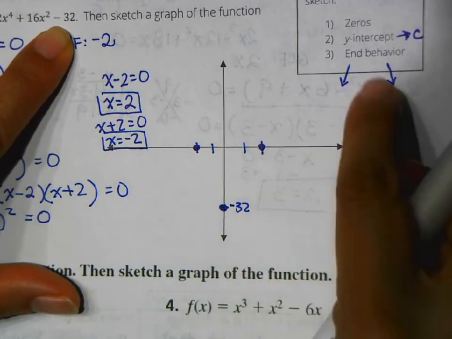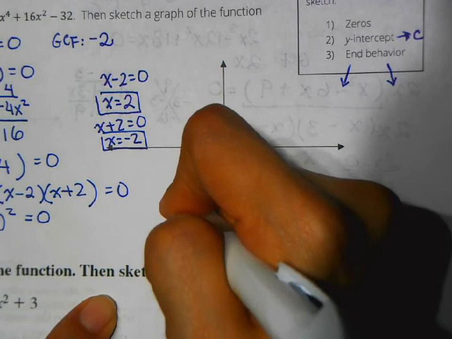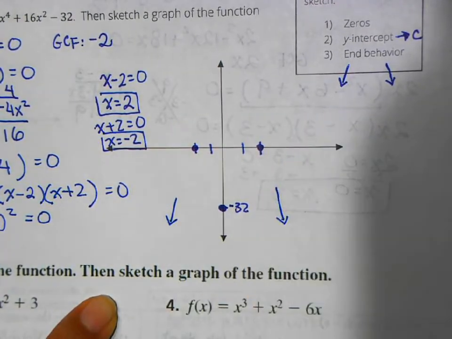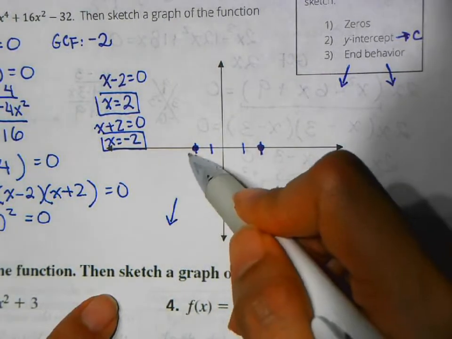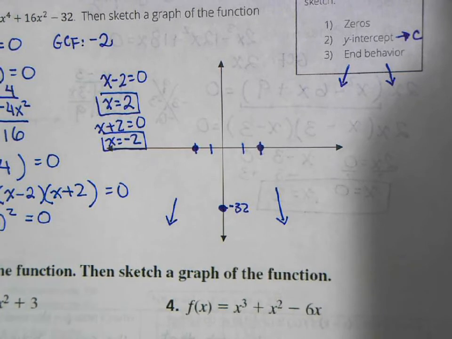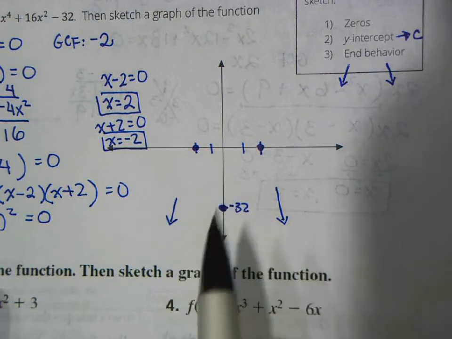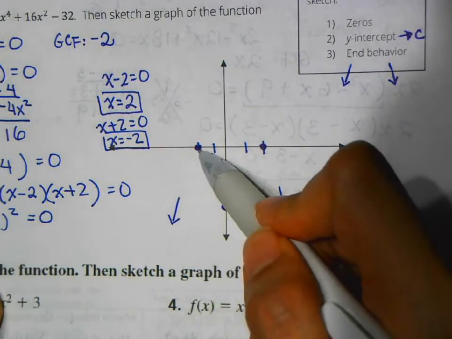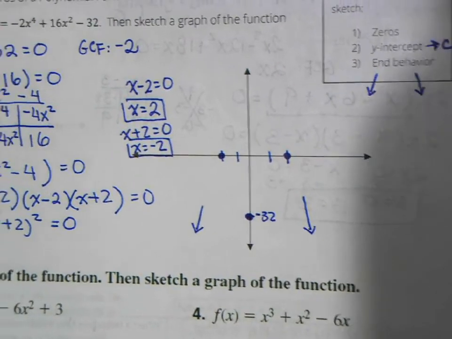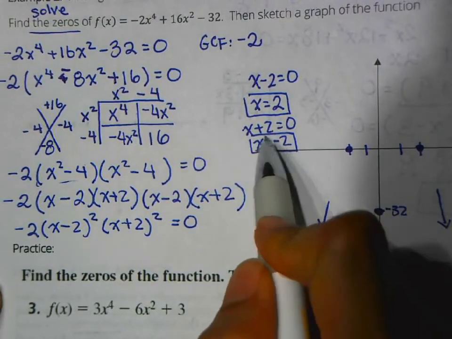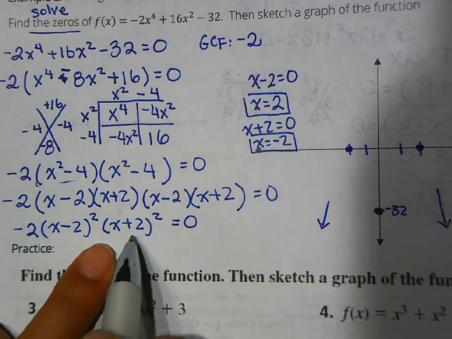And now my end behavior, I know that it goes down on the left and it goes down on the right. So what that means is that when I go up to these zeros, this is where that little tidbit that I told you earlier is going to come in handy. When I go up to when 0 is x equals to negative 2, if I look at my factor over here, when x equals to negative 2, I'm looking at x plus 2.